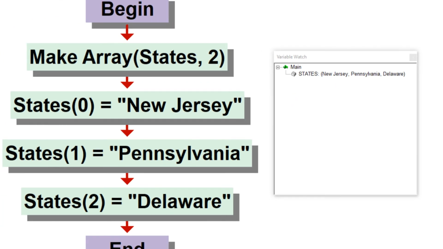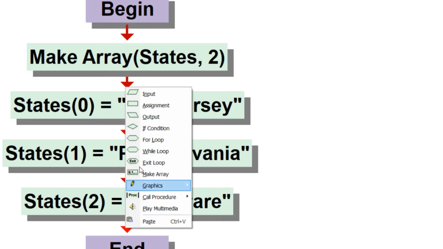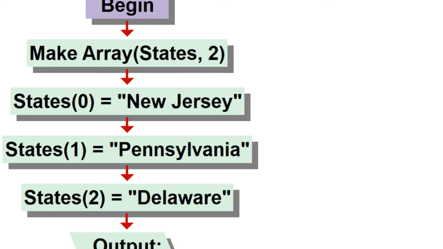So index 0, index 1, index 2. And that means I have 3 items. The length of my array is 3, and I have items at those 3 given indexes. So this is how you put things into a given index of the list. How would we output these?